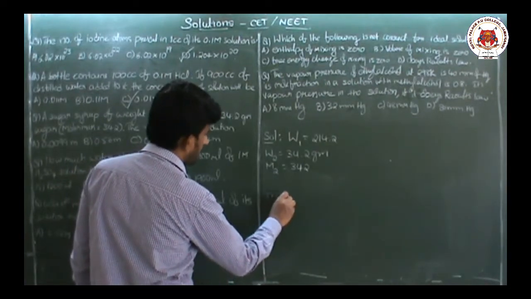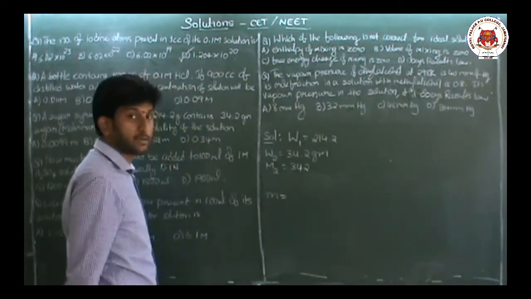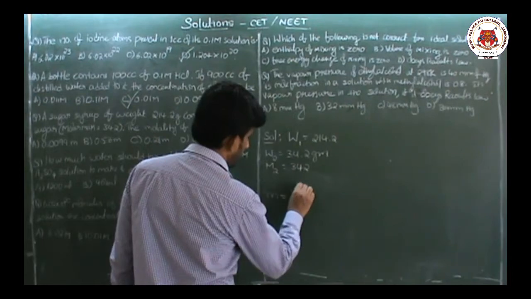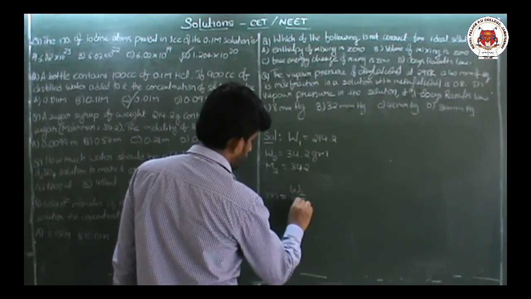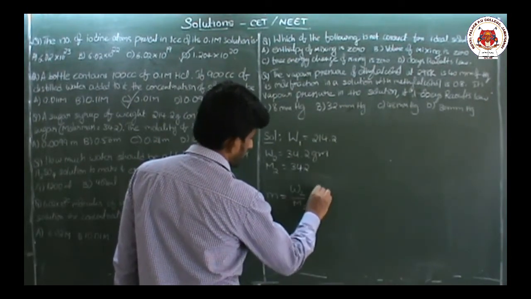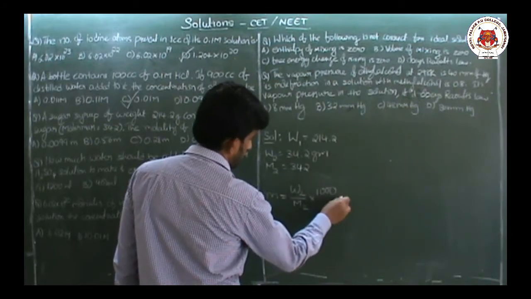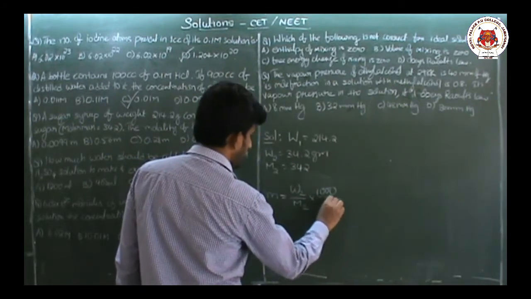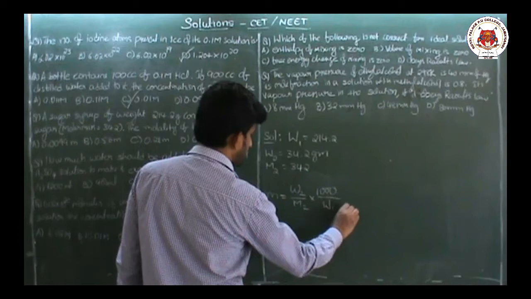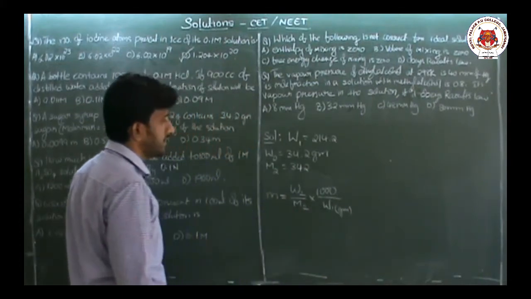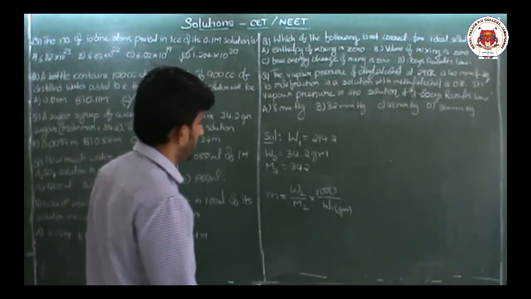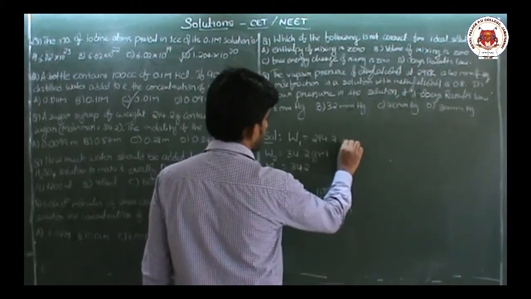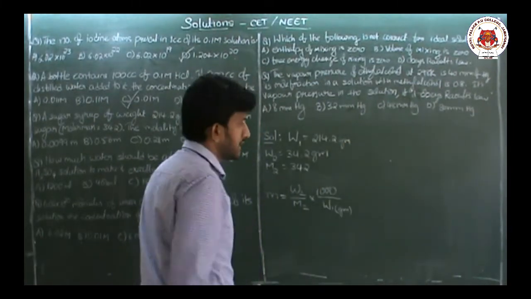What is the molarity formula? Molarity is equal to weight of solute by molecular weight of solute into 1000 divided by weight of solvent in grams. Now substitute these values and get the answer.